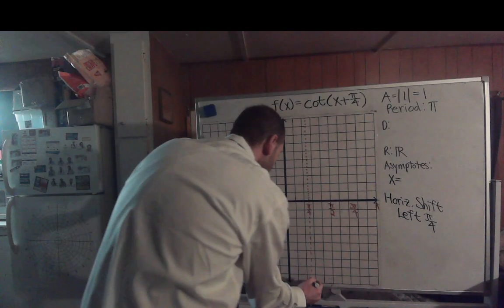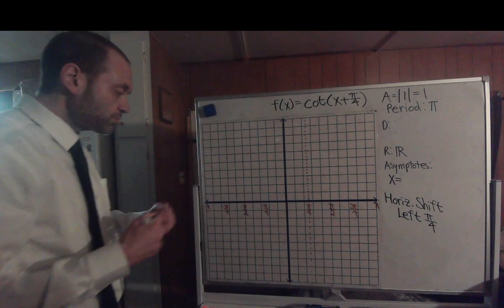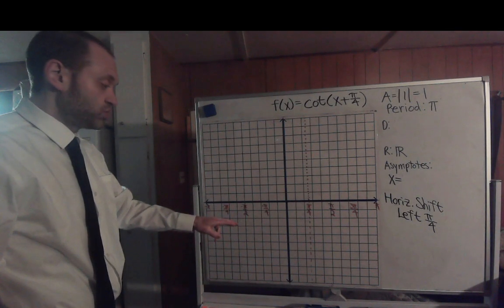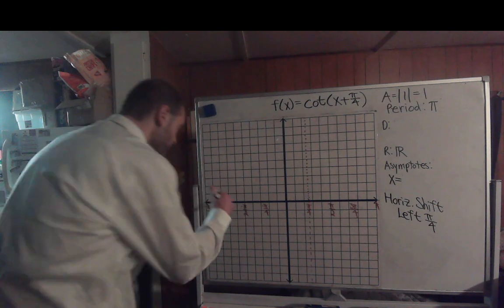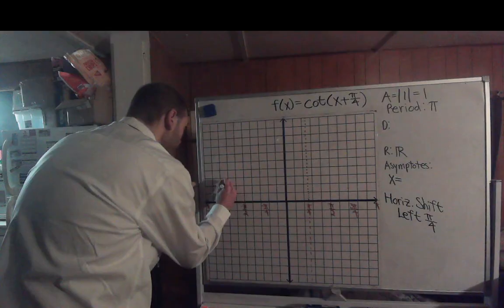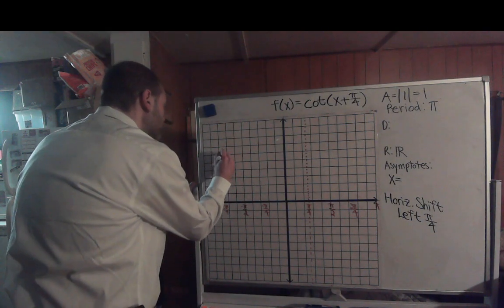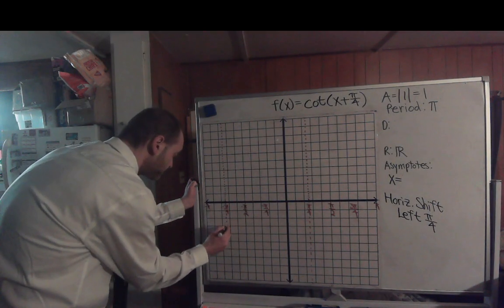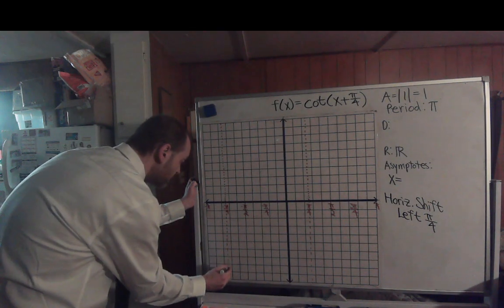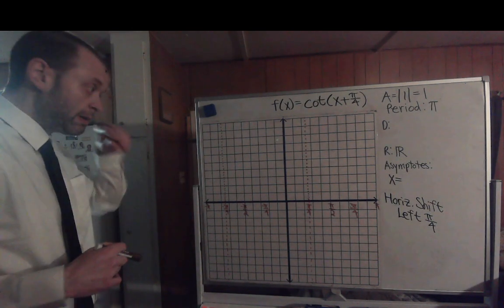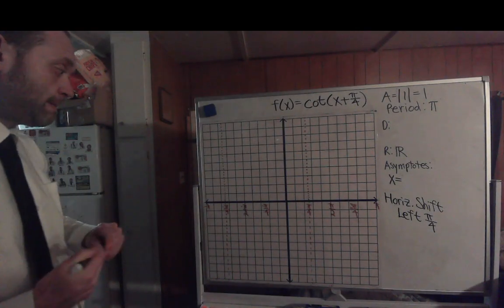Now your next asymptote was at negative pi over 2. Well, that's going to actually put you at negative 3 pi over 4 for an asymptote. So your asymptotes have shifted. So what is true?